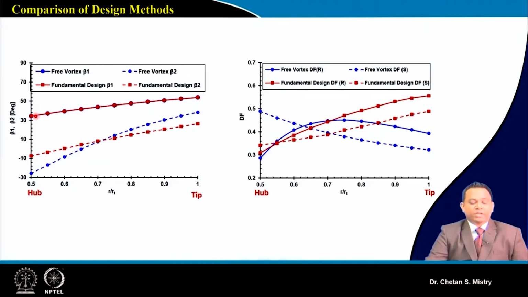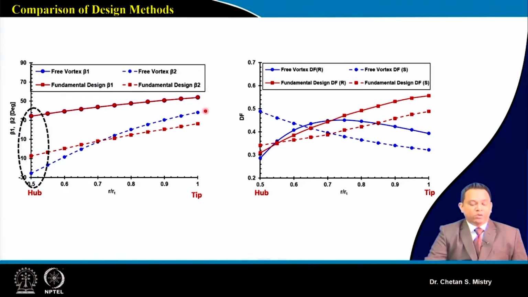As we have discussed, this beta 1 will be the same for both methods. For my beta 2, when we look at it using our fundamental approach, my exit angle is coming to be slightly lower. That gives me my delta beta lower near the hub region.